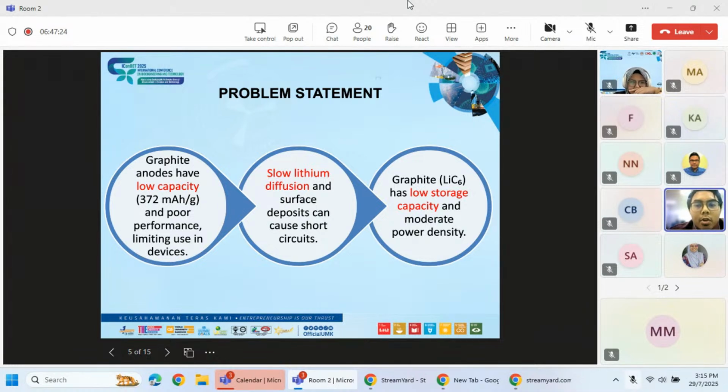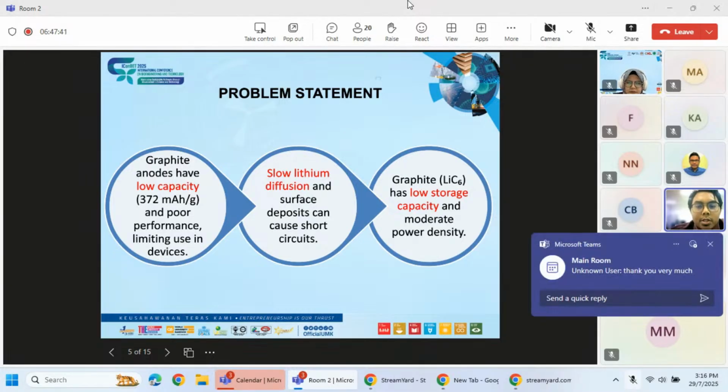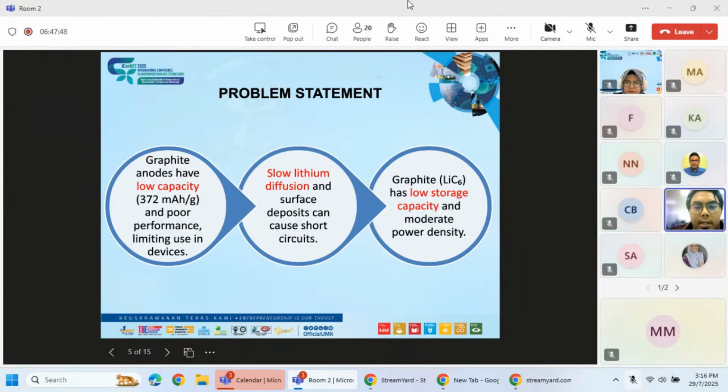Additionally, the slow diffusion of lithium ion within the graphite structure leads to poor rate capability and increases the risk of surface lithium deposit, which can cause short circuit. Furthermore, the lithium intercalation compound formed, which is LiC6, still exhibits low storage capacity and only moderate power density, making graphite less ideal for next generation energy storage application.